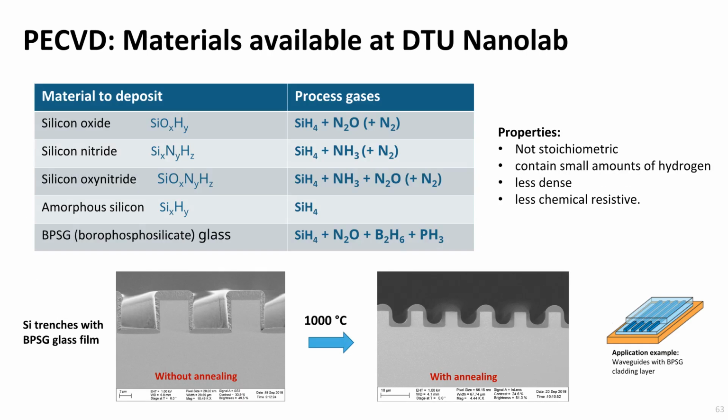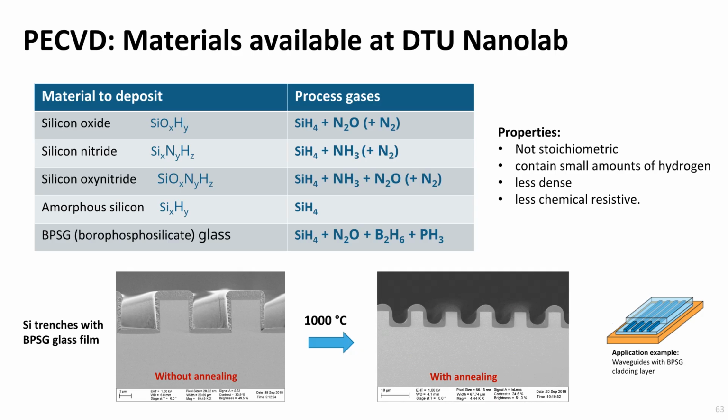As previously mentioned, the following materials can be deposited at DTU Nanolab: silicon oxide, silicon nitride, silicon oxynitride, and amorphous silicon. These can also be doped in situ with boron and/or phosphorus. Please note that the layers made by PECVD are not stoichiometric, and they all commonly contain some amount of hydrogen.